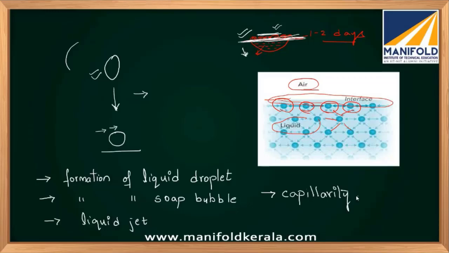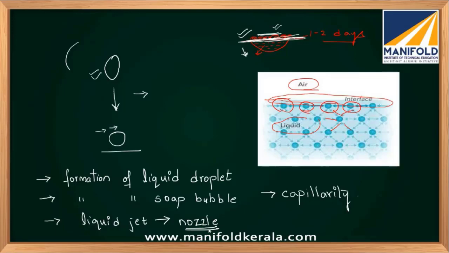The surface tension force is making the formation of a soap bubble, liquid droplet, capillarity, or liquid jet. A liquid jet is nothing but atomized fluid particles coming out from a nozzle. When water comes out from a nozzle with very high velocity, tiny droplets form, and those droplets are formed due to surface tension only.